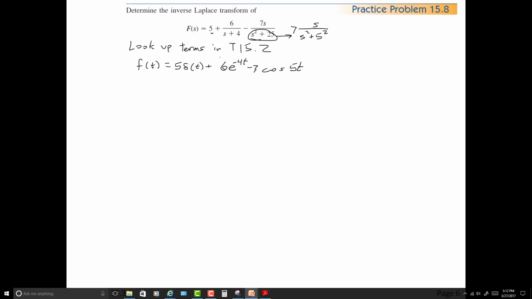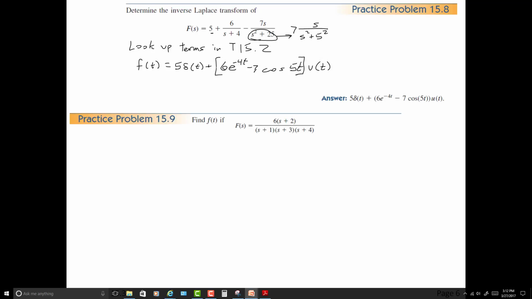Okay, and these last two here, as we've been doing, turn on with the unit step function. All right, so that's that one, and that is the answer. That one was pretty easy. The fractional expansion has already been done.